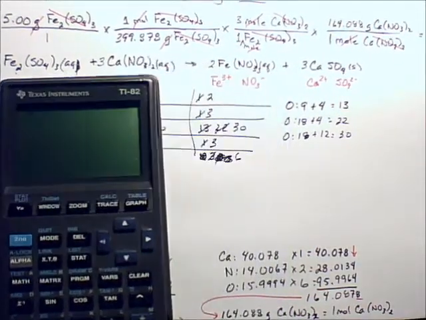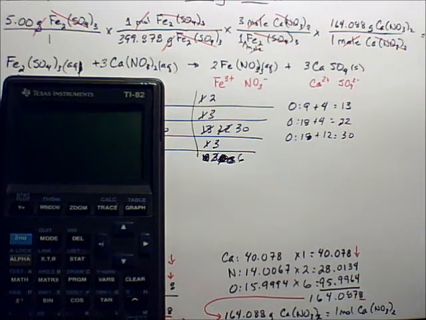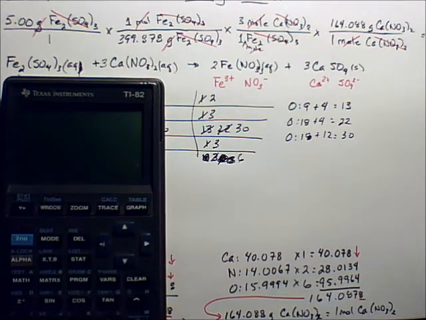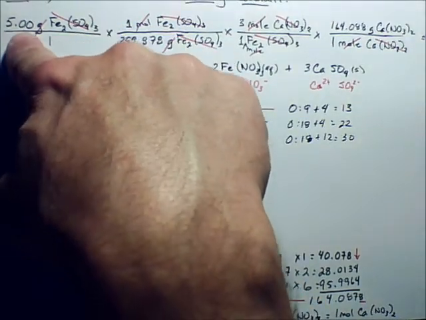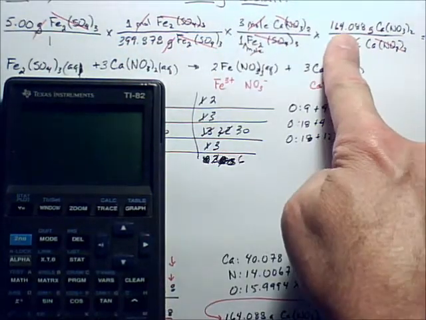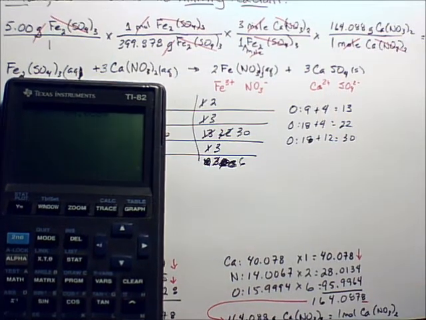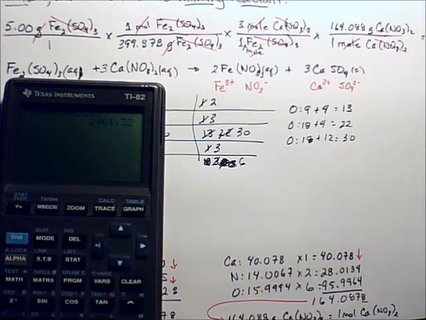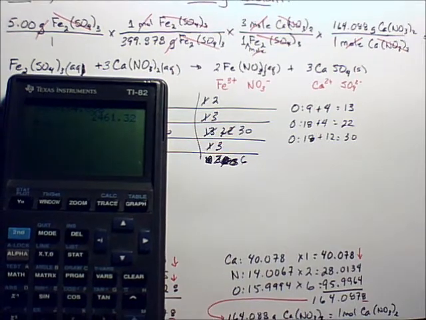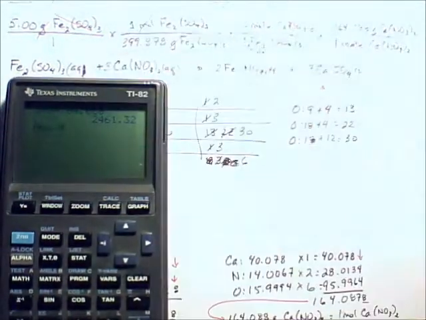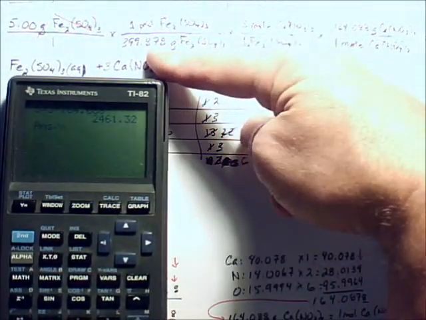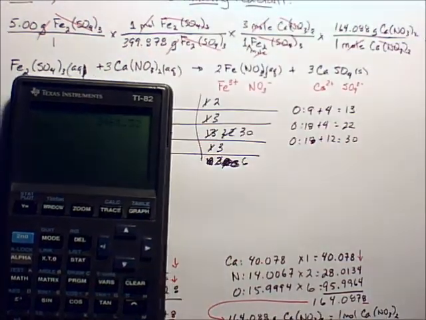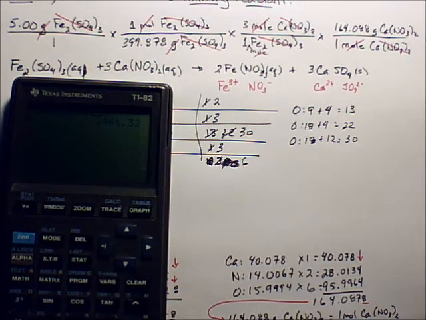So we have 5 times 3 times 164.088, and hit enter. Then you're going to hit your divide key and divide. You don't have to divide by 1s because dividing by 1 gives you the same answer. Any non-1 part there, 399.878, you can divide by that, 399.878.